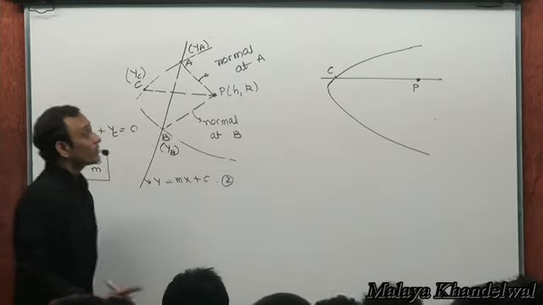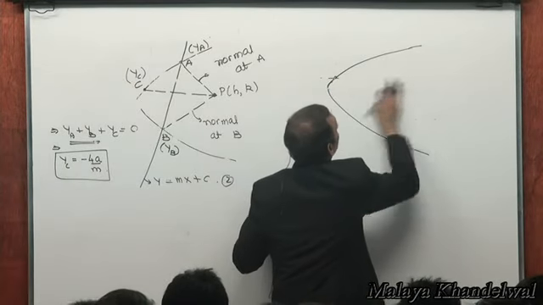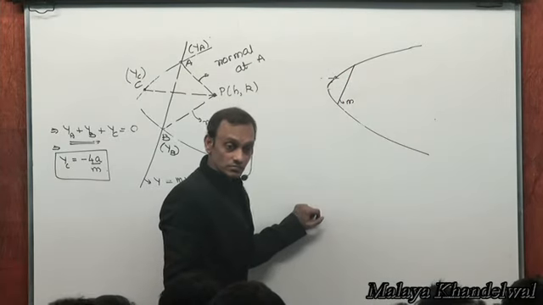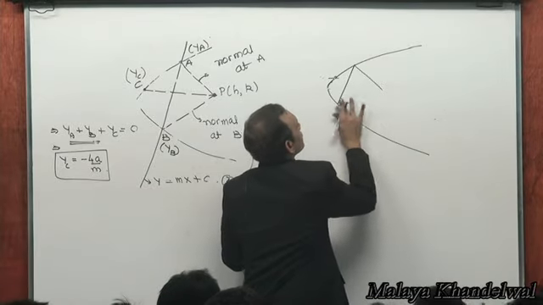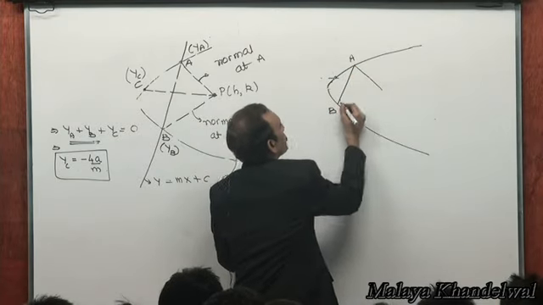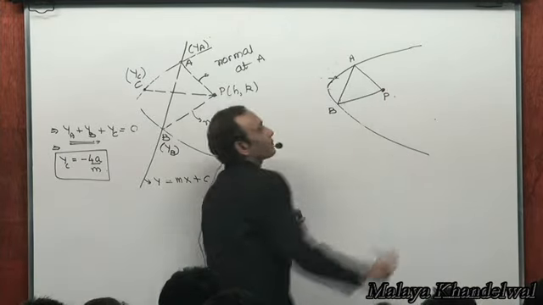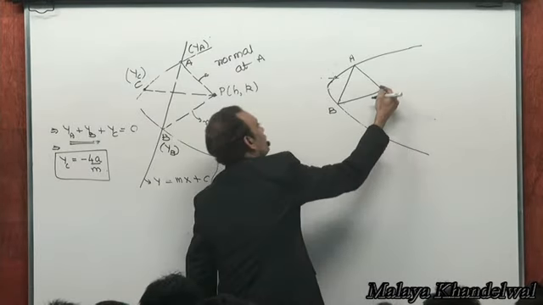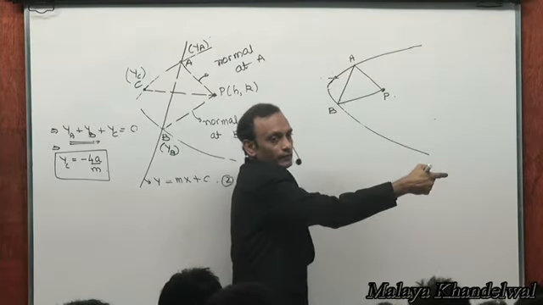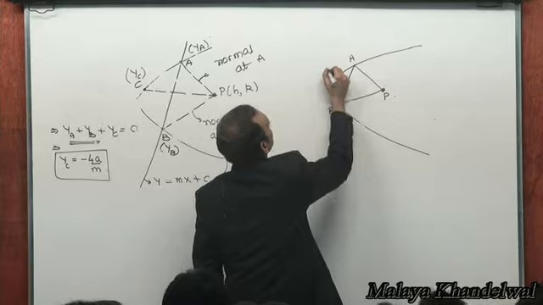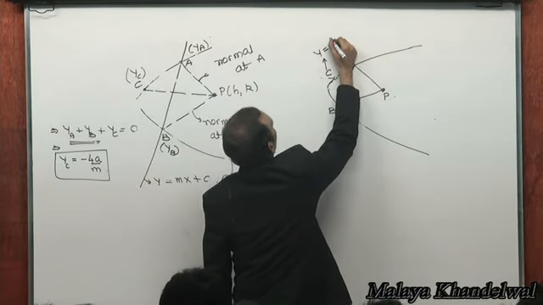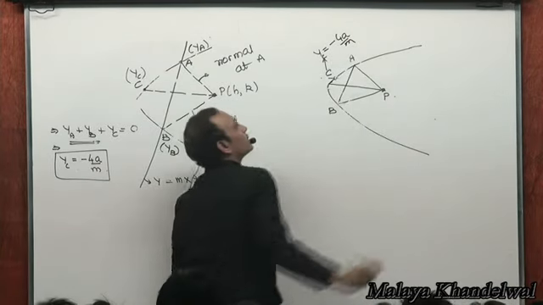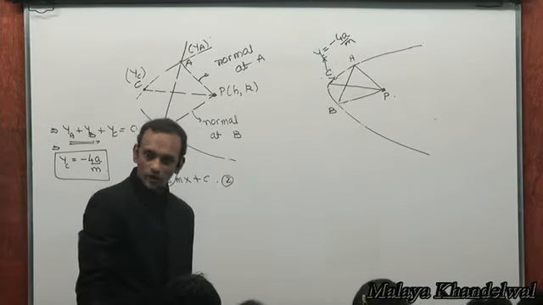Can I then say that if I had a chord of slope M like this, and I draw a normal at A and I draw a normal at B, the normals intersect at P. And if I draw a third normal from P, then that will be at C, and Y of C is minus 4A by M. If a third normal is drawn, then Y of C would be minus 4A by M, right?